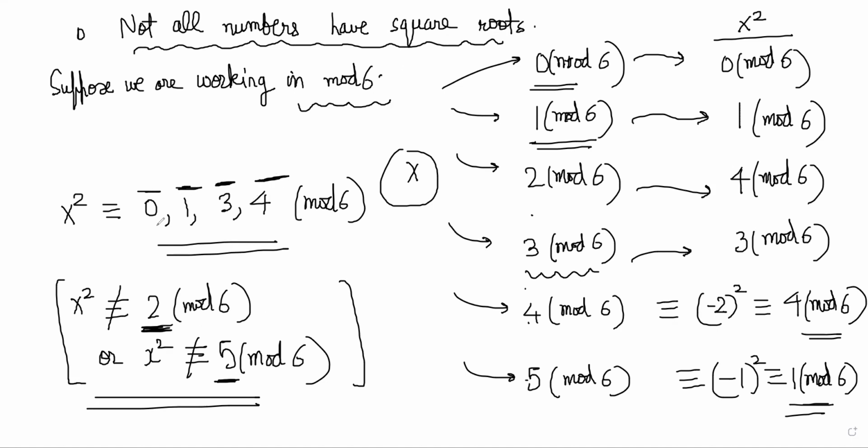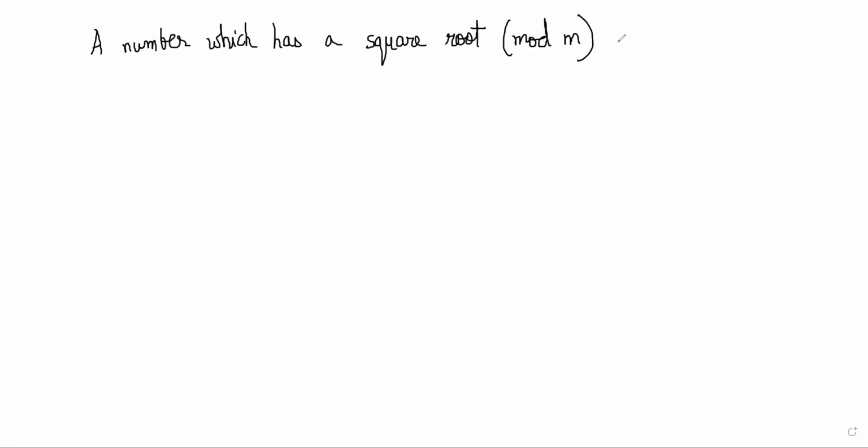So a number which has a square root mod m is called a quadratic residue mod m.